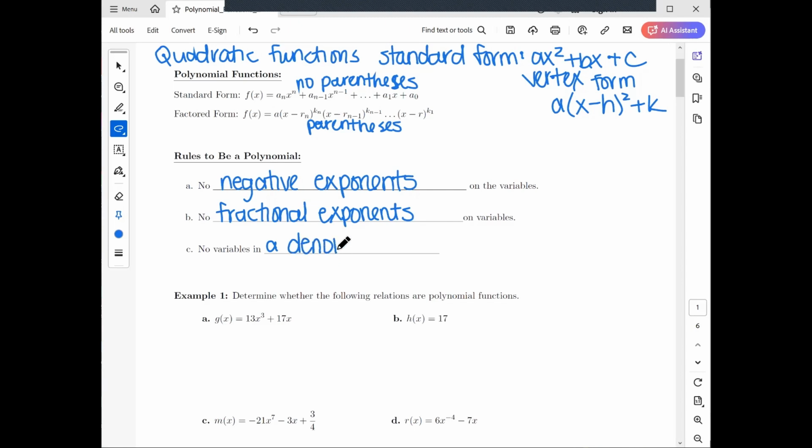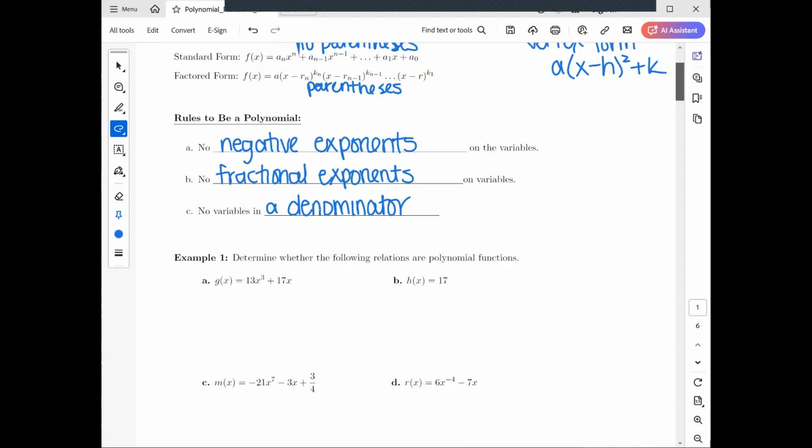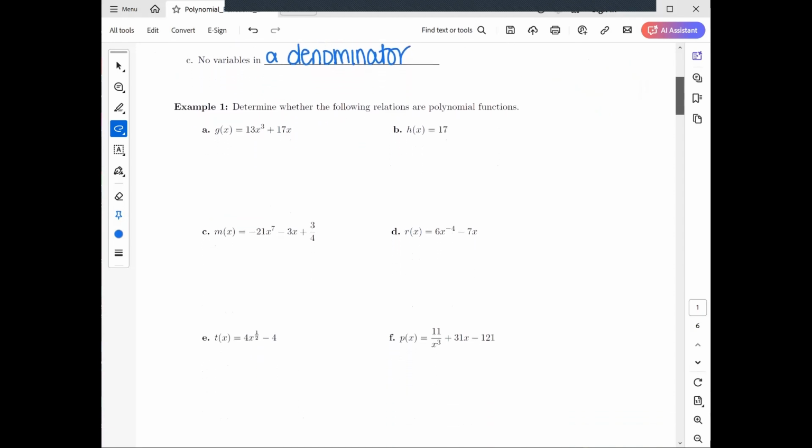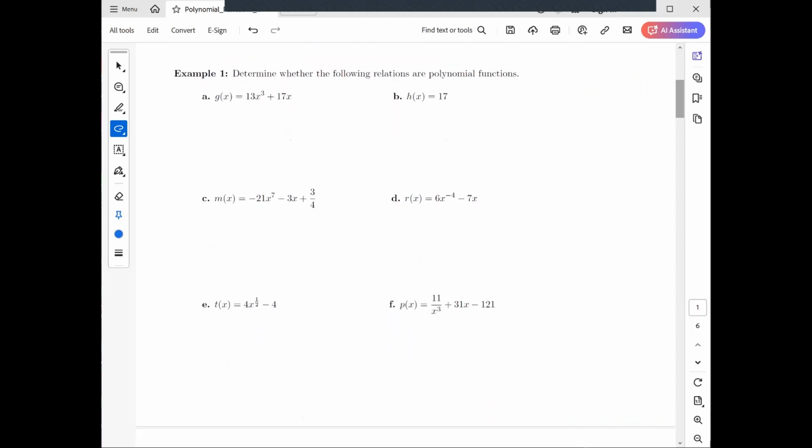So if you have a fraction, you can't have a variable hanging out in the bottom of the fraction. If you have that, not part of the polynomial club. So our first example, we're going to go through and determine whether or not we have polynomials. And if it's not, we're going to figure out why.